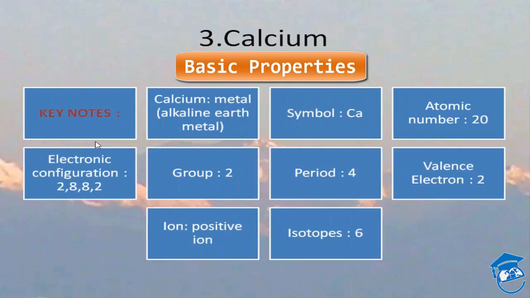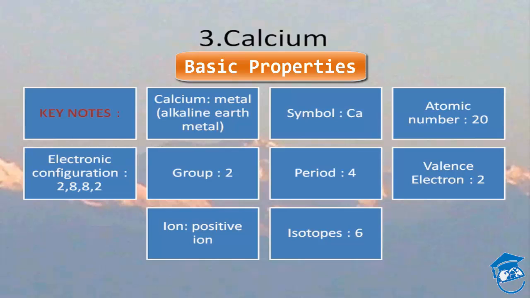So friends, before going to the reaction part, let's understand some basics of calcium. Well, calcium is also a metal. Yes, it's again a reactive metal. It is a member of the alkaline earth metals, group 2 and period 4. When we see the modern periodic table, you'll find calcium on the extreme left in group 2 and period 4 with the symbol Ca and atomic number 20.